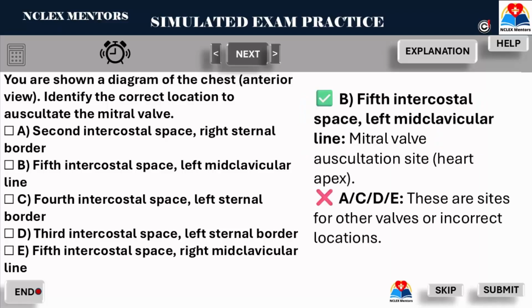B. Fifth intercostal space, left midclavicular line is the correct spot. This is the apex of the heart where the mitral valve is best auscultated. The other options correspond to auscultation sites for other valves or are incorrect locations.